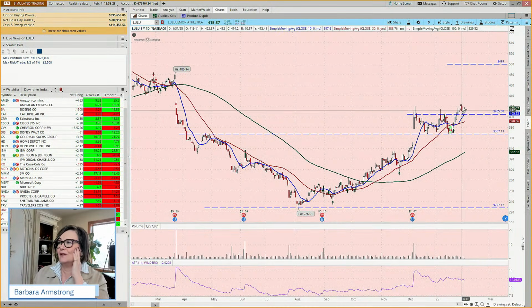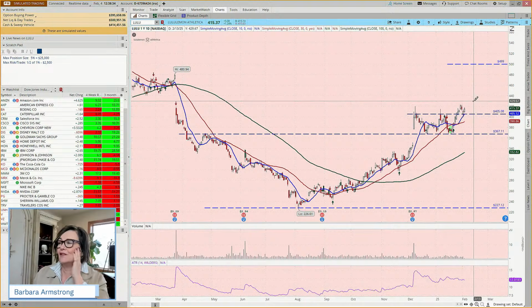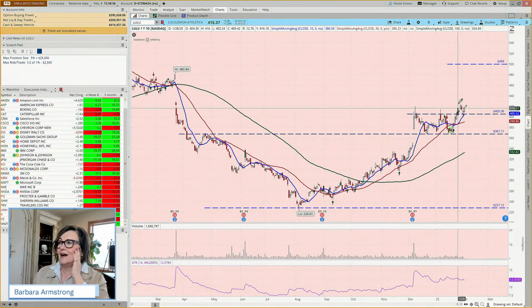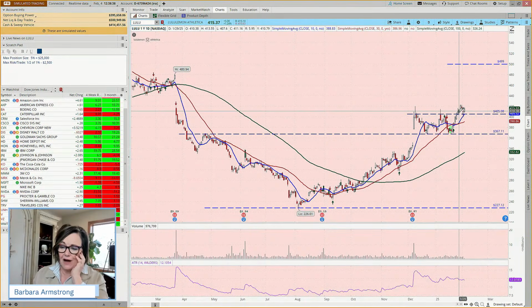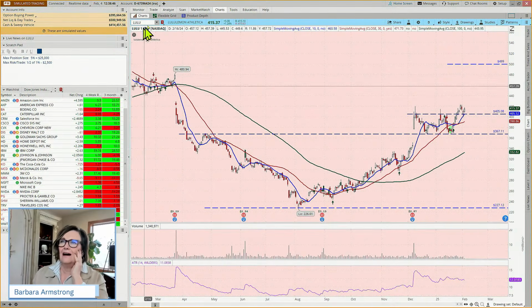If you're not familiar with that strategy, we're buying a call, and because the calls are so expensive, we sell a call above that to help fund the purchase of the call we're buying. It limits how much you can make, but you can still make a nice return in, say, a 20 to 50 day time frame.